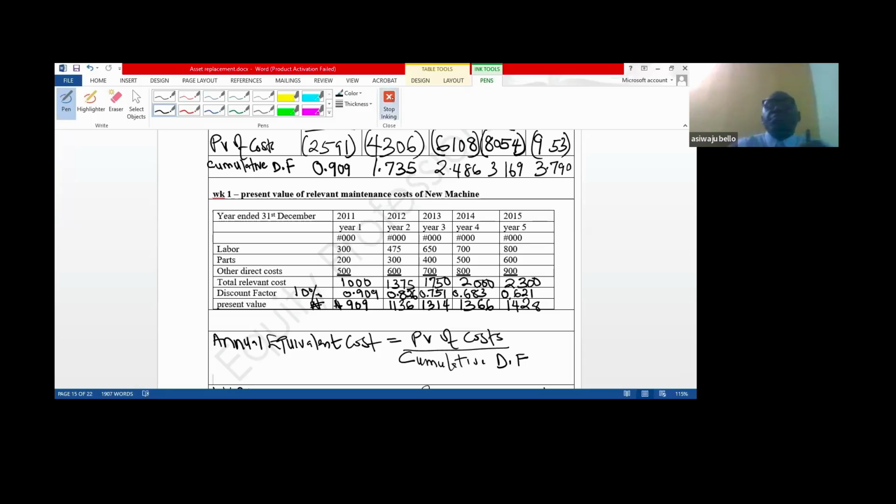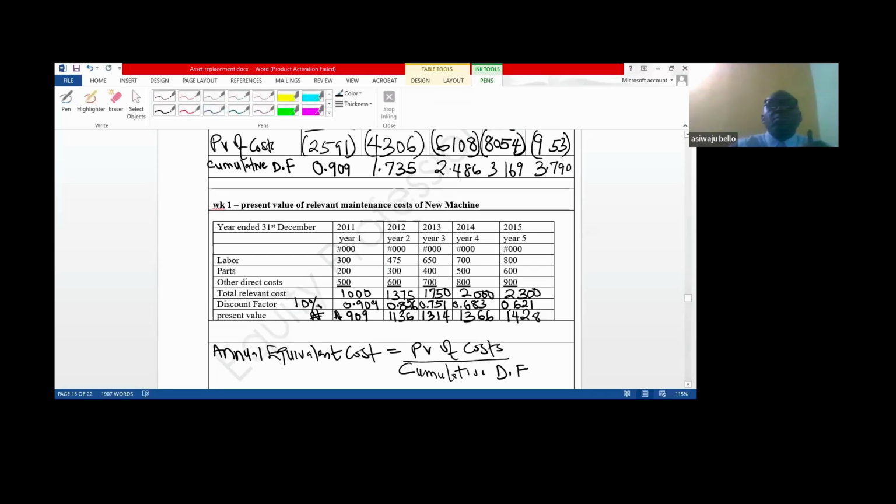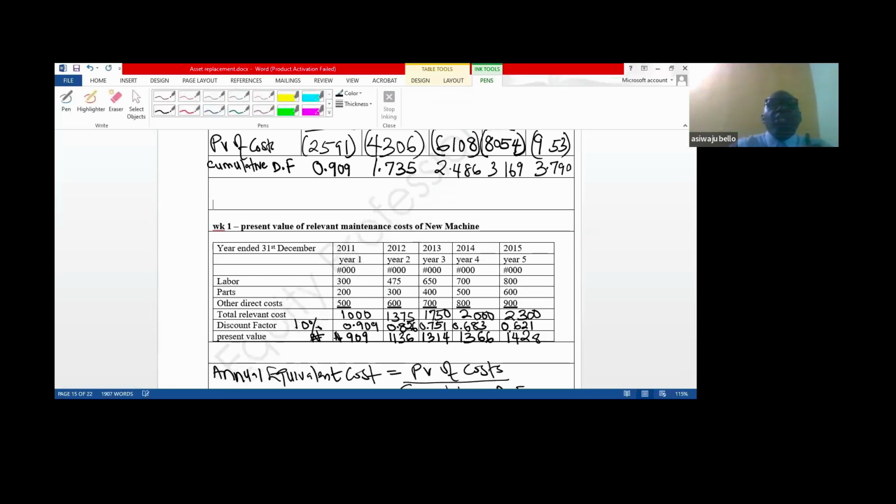In other words, you can get your annual equivalent cost: 2,591 divided by 0.909.